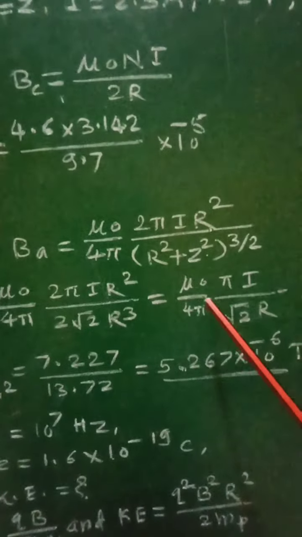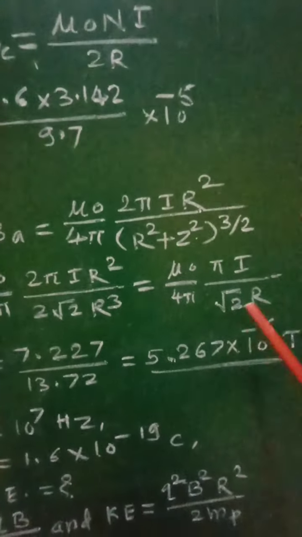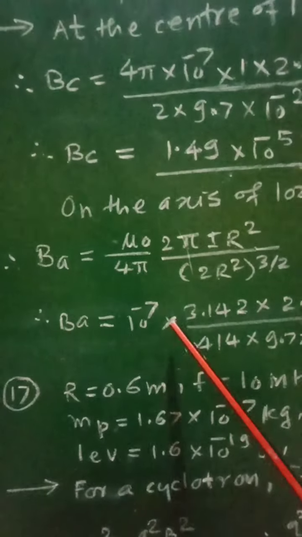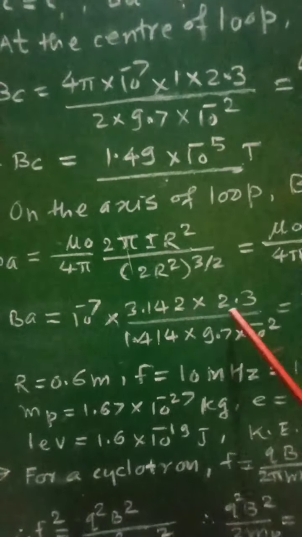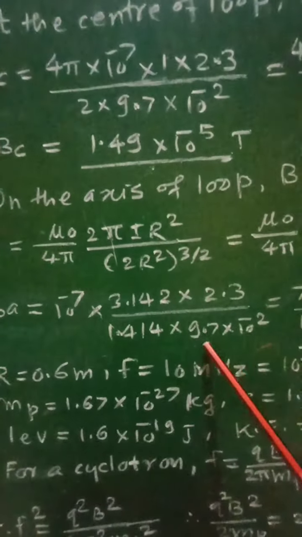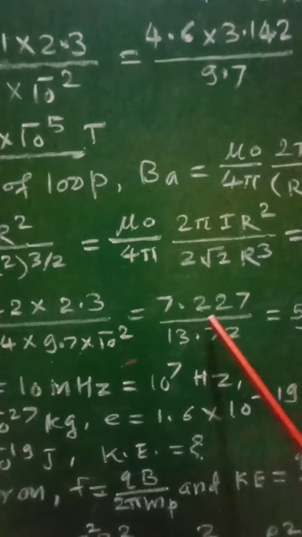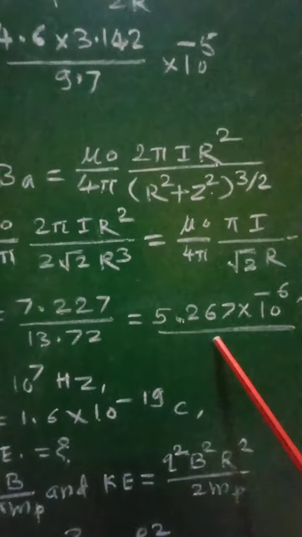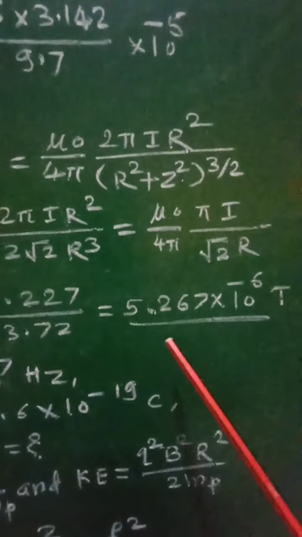So that will be equal to mu 0 pi I upon 4 pi root 2 r, and therefore putting the values we will get BA equal to 10 raised to minus 7 into 3.142 into 2.3 divided by 1.414 into 9.7 into 10 raised to minus 2, which comes out to be 7.227 divided by 13.72, which is equal to 5.267 into 10 raised to minus 6 Tesla.